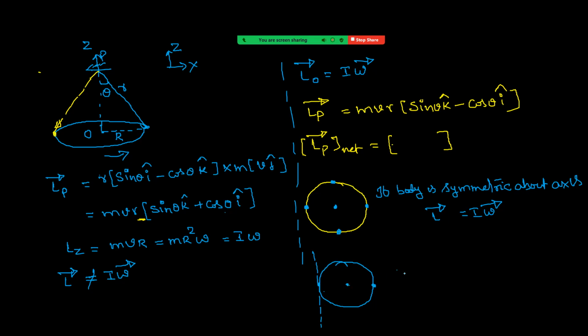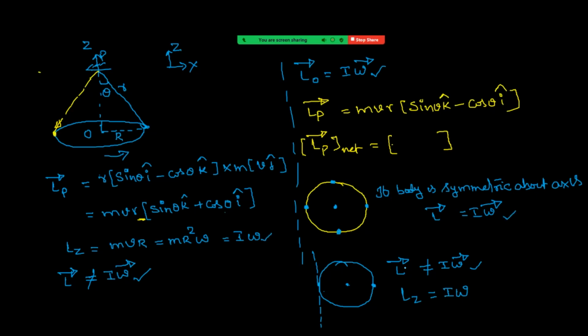When the body is not symmetric, we cannot write L bar equal to I omega bar. So L bar is not equal to I omega bar, but its component along the axis of rotation is equal to I into omega. So the same conclusion here, and this conclusion is an extension of that.